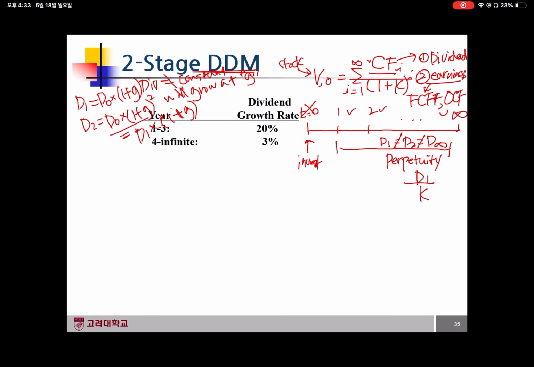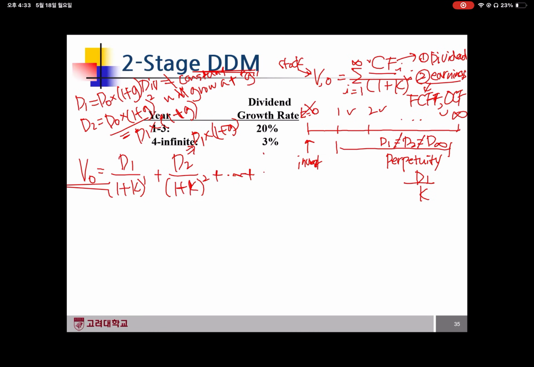So the value of that stock at time 0 is equal to D1 over 1 plus k, plus D2, which is D1 times 1 plus g, over 1 plus k squared, plus and so on, to the infinite period of time.